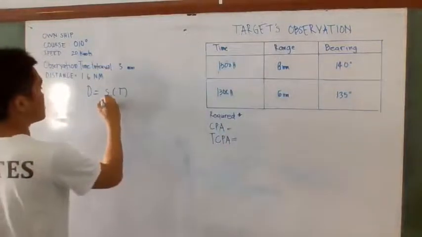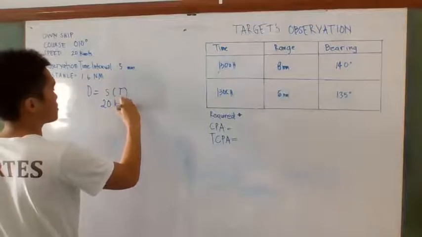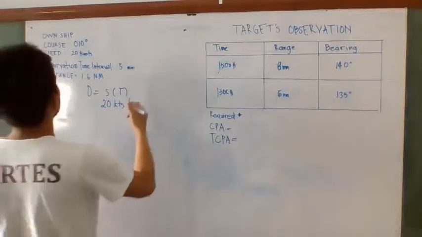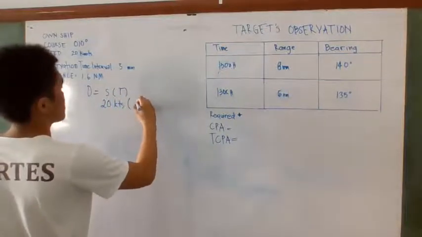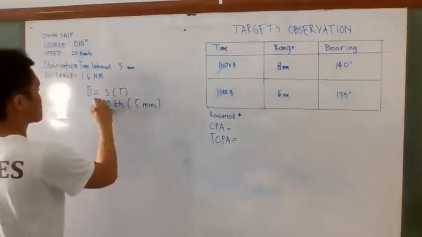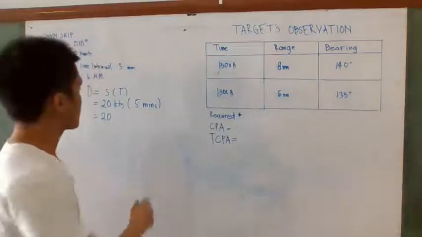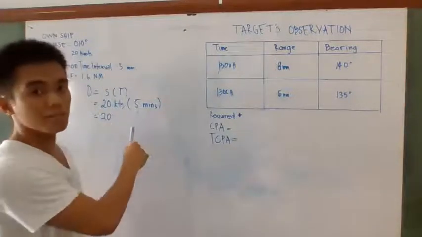And the speed is 20 knots, multiplied by time, which is 5 minutes. But first, we must make this 5 minutes into hours.